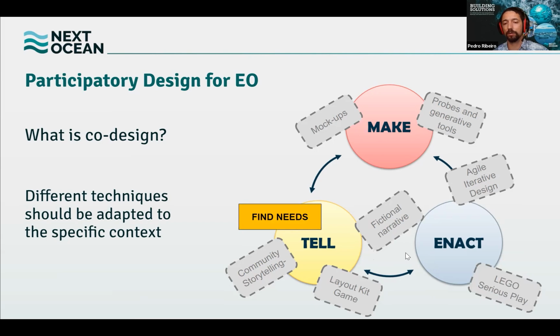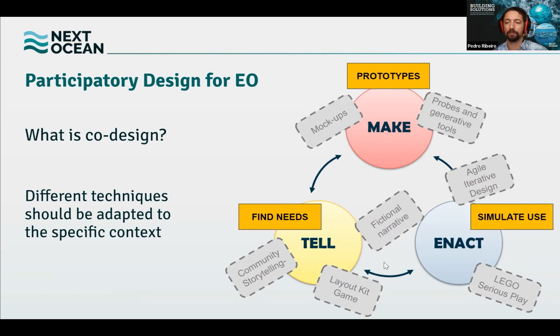Basically, you need to understand that at some point you have to understand the needs of the users. You may work with prototypes or mock-ups or this kind of thing that helps users to understand the solution that is being developed, and also makes the users actually simulate the use of those solutions to understand how they work in their current daily activities, how they help them perform those activities, are they useful, so what can be improved.